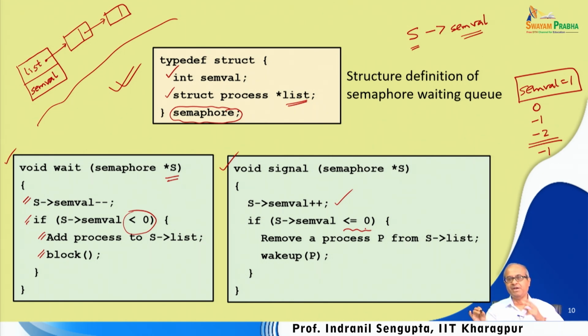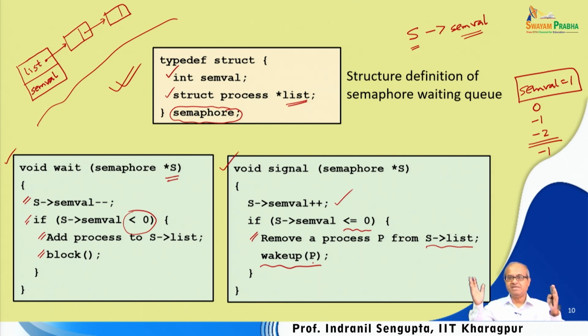In the example I have taken, two processes are waiting. So, what you do is remove one process from the corresponding queue, the S list. Let us say that process ID is P, and move that process into the ready state. So, now the process again becomes ready to run, and now there will be one process waiting, and this thing will continue.